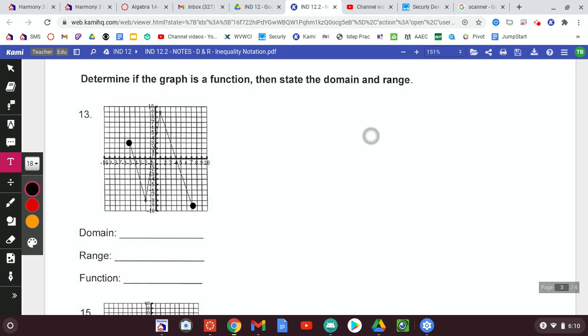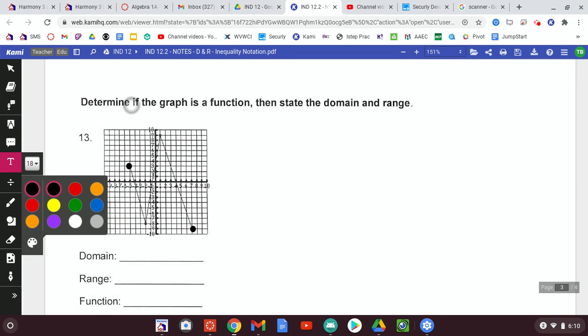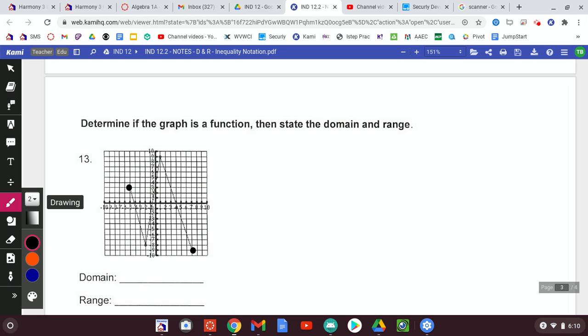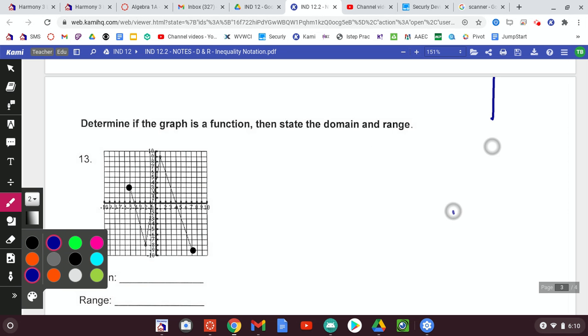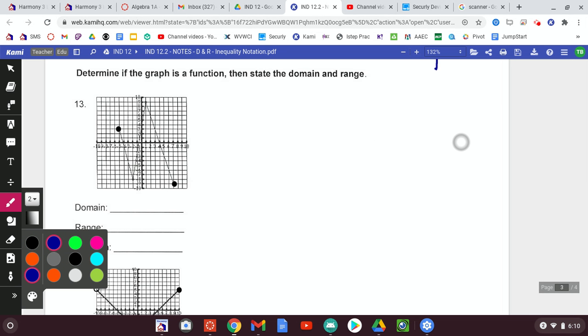Our side wall here is, it's kind of hard to see, but that's -5. And it's a closed bubble, so that is a hard bracket at -5. And then our other wall over here is also closed, and it is at 7, so it's a hard bracket.